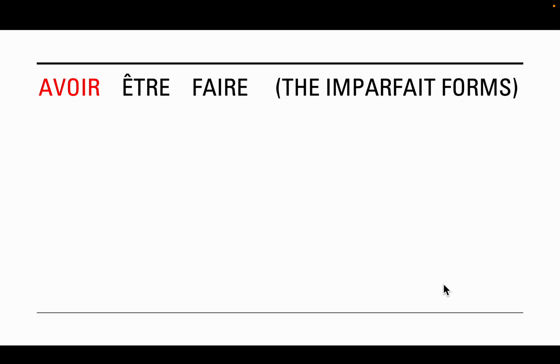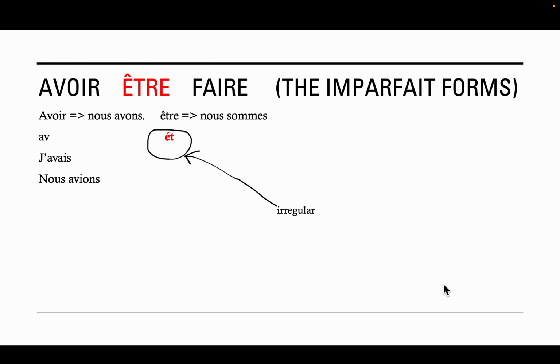Let's do it with avoir. So we're going to take the nous form of the present tense, nous avons. We chop off the O and S, and we end up with this stem. J'avais, nous avions. Now let's look at être. Now guess what? This one's irregular. That is your irregular imparfait stem for être.